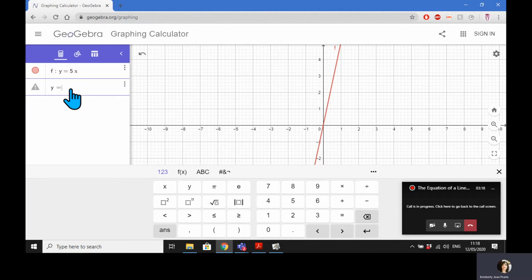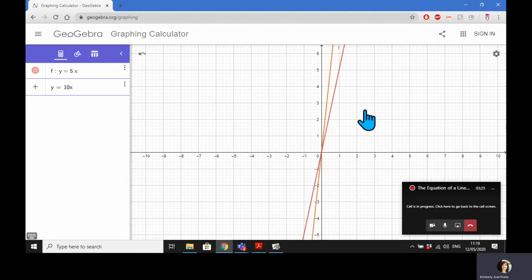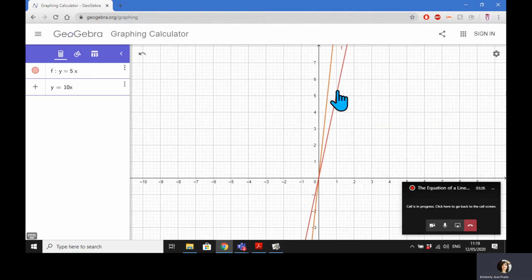If I add y equals 10x, what can you see here? This line has a gradient of 5. This red line is representing the first one. The second line, the orange one, is representing a gradient of 10.